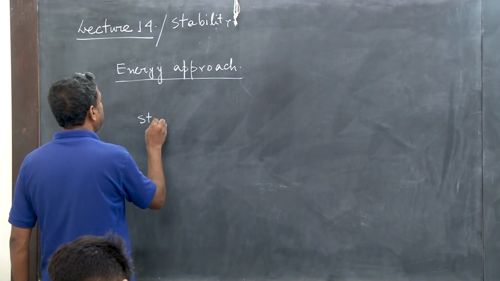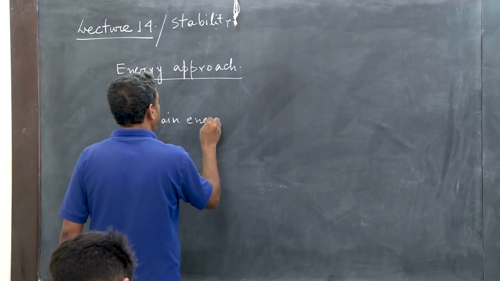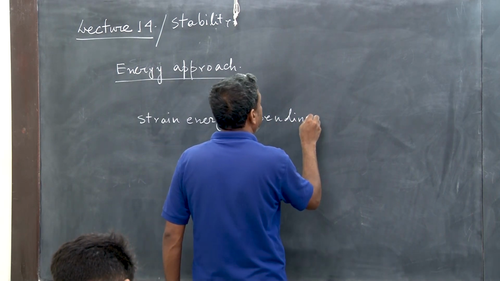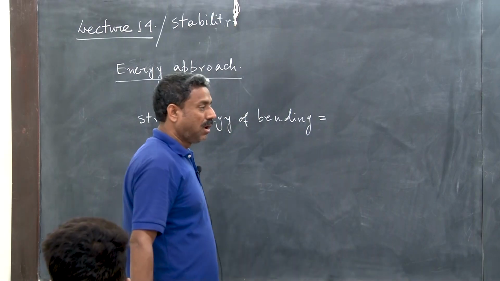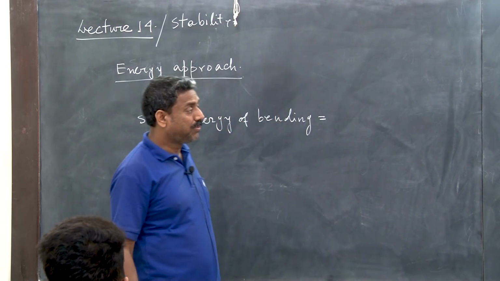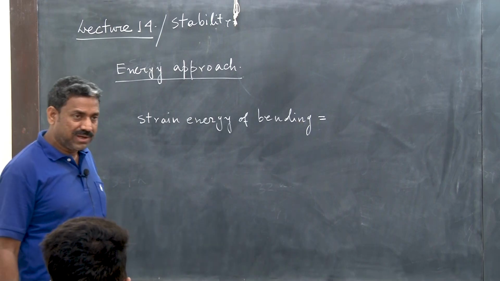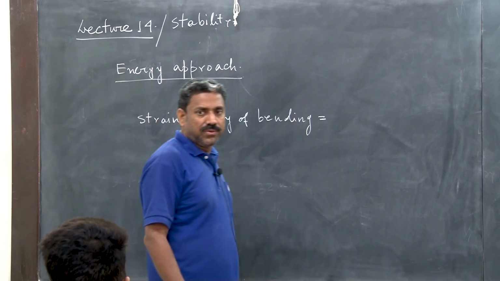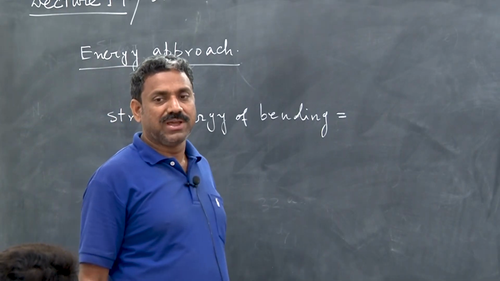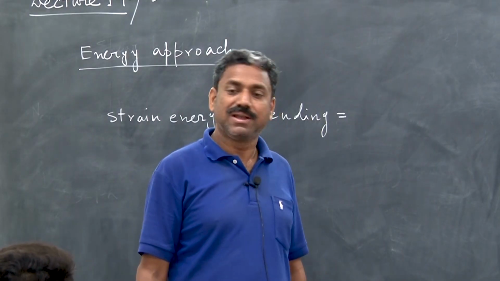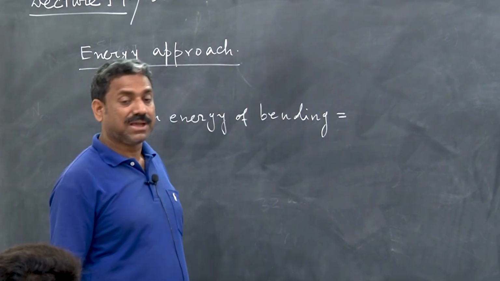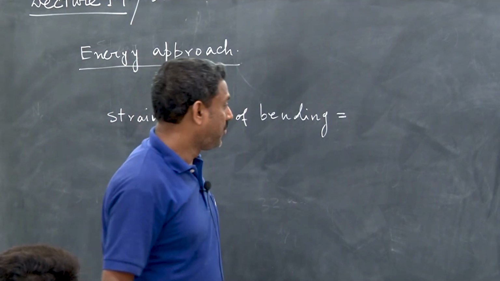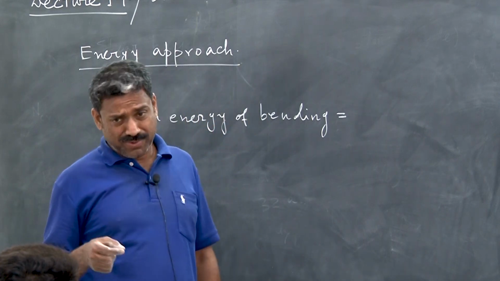So the strain energy of bending. Of course, what you have learned for the beam: moment, and which one is energy conjugate to moment, curvature. Moment into curvature will give you the strain energy, right? EI by 2 (d2w dx2) square dx, or m square dx by 2 EI. From where is it coming? Bending moment into curvature, m multiplied by d2w dx2, right? So here we have 2 bending moments and 1 torsional moment, right?